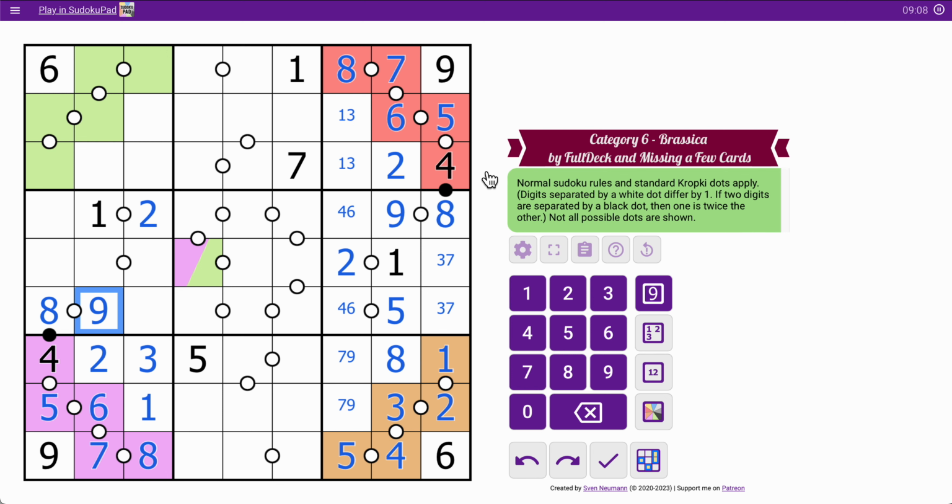I'm no closer, unfortunately, to figuring out where the sequence of 9 digits starts in box 9. Or not box 9, box 5. Because every one of these digits is touched by at least one white dot.